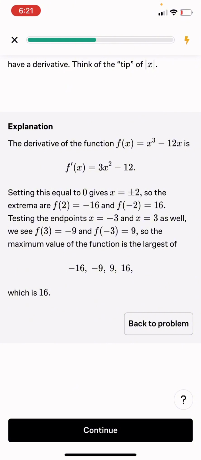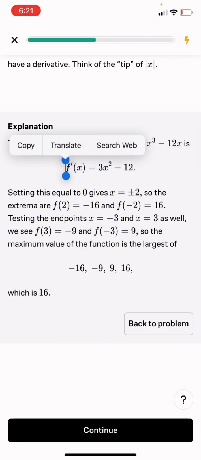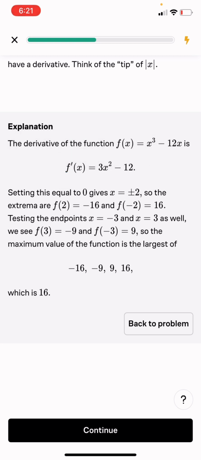As the power goes down, the 12 goes to a constant, then it gets eliminated at the next prime. It goes repeating like this: 2x, then just 2, and then it would be gone.